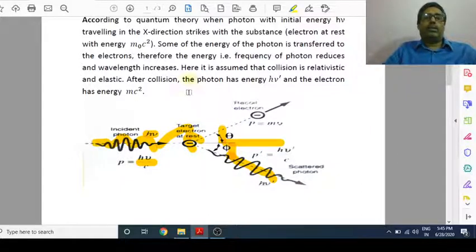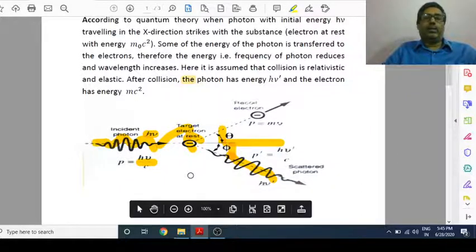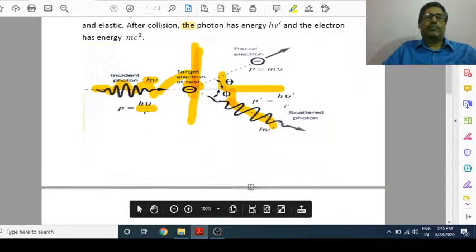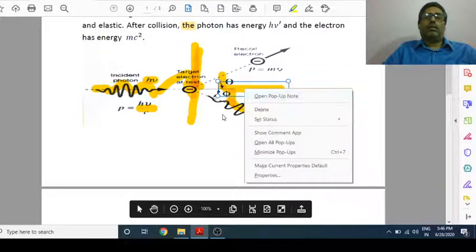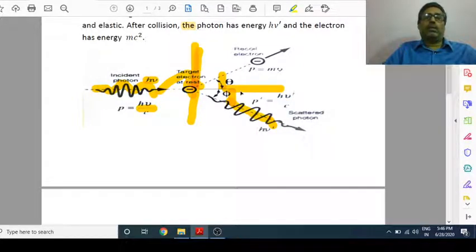You may say this is the y-axis, not shown in the figure, but this one is x, this one is y. Okay, so if you understood this, I proceed.